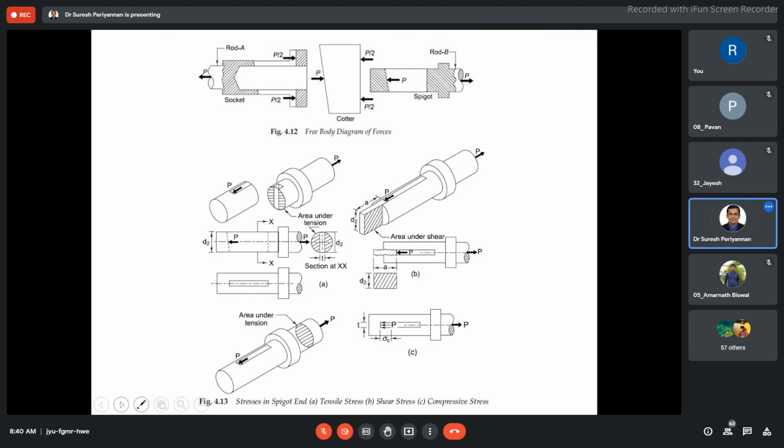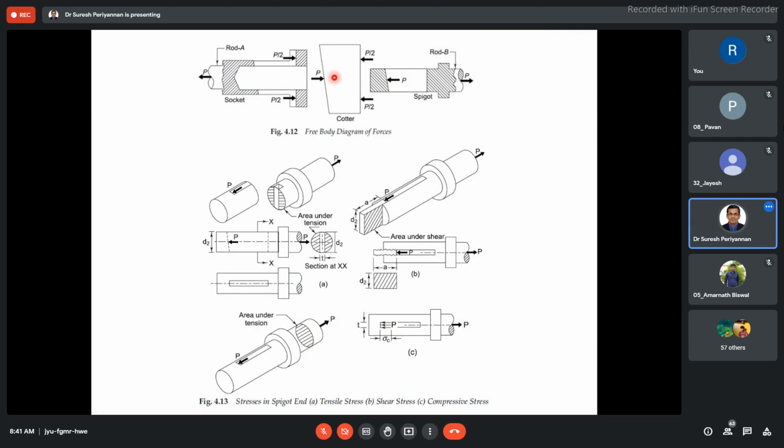Now, in this quarter joint, whatever we constructed, it works by the principle of wedge action. What is the basic principle playing in this? The principle that action and reaction are equal and opposite.